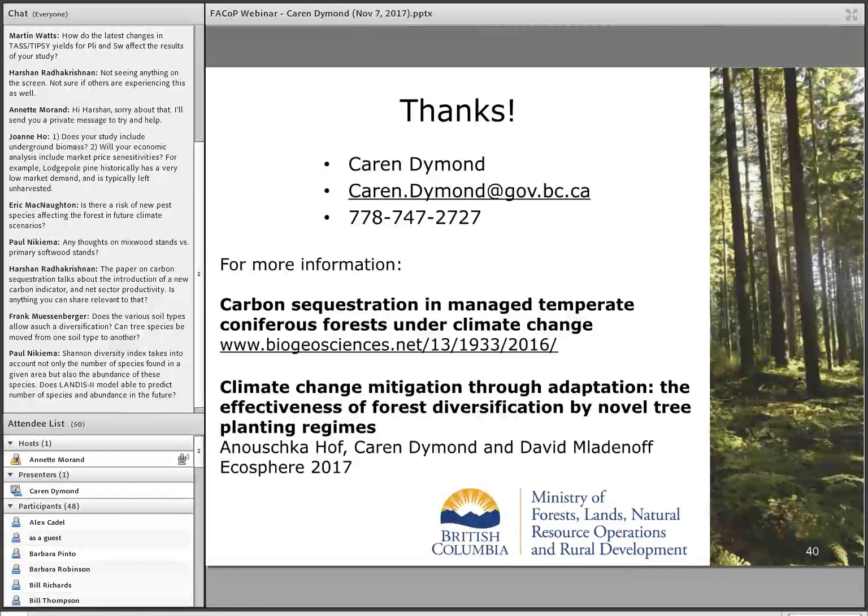So there's net primary productivity, net ecosystem productivity, net bioproductivity. And so we thought it made sense to have a net sector productivity that acknowledged some of that carbon is stored, even though it's removed from the ecosystem, in order to have a metric that allows us to consider climate change mitigation options and climate change adaptation options that reflect that whole life cycle.